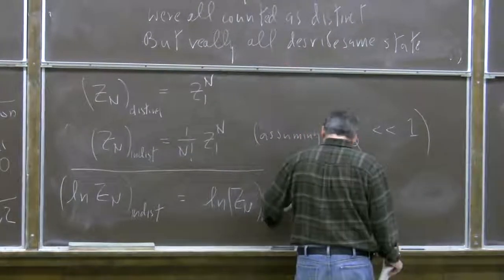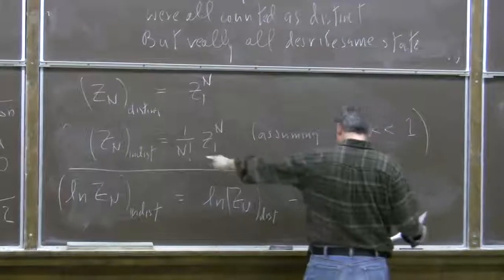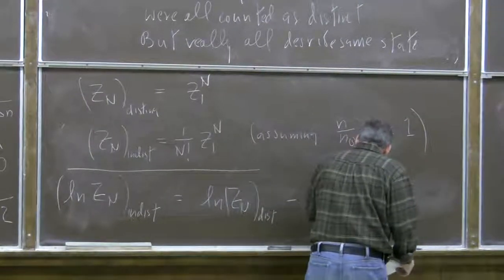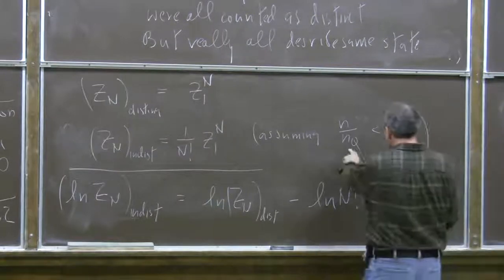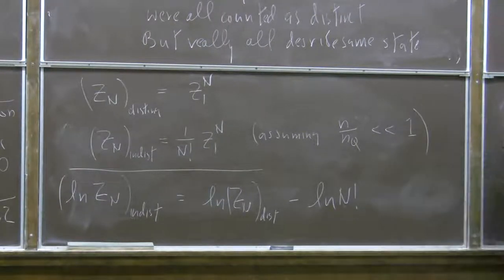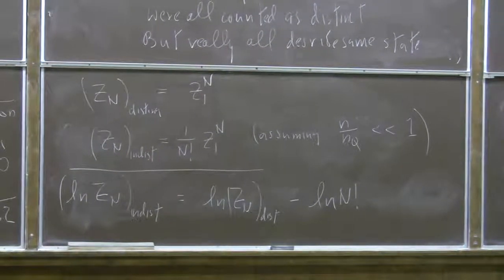But now there's a correction, which is minus the log of n factorial. Under this assumption, some of the predictions we made, which turned out to be correct ones, will be unaffected by that change.